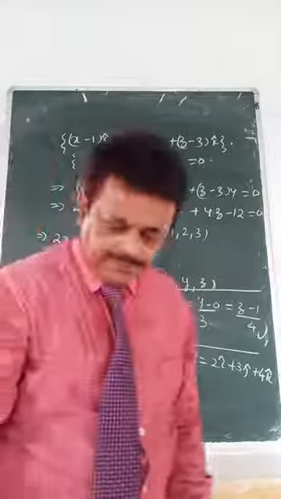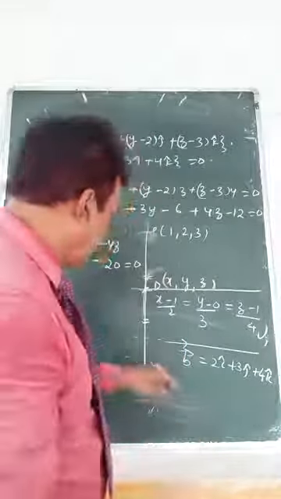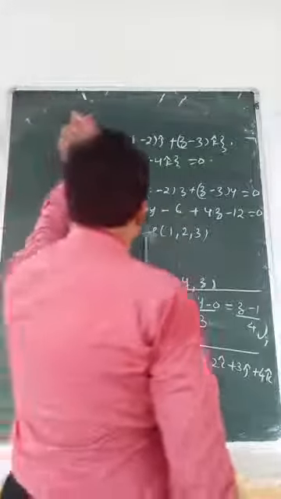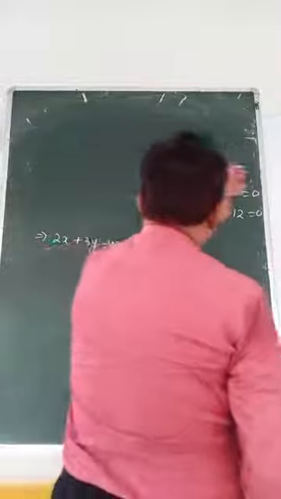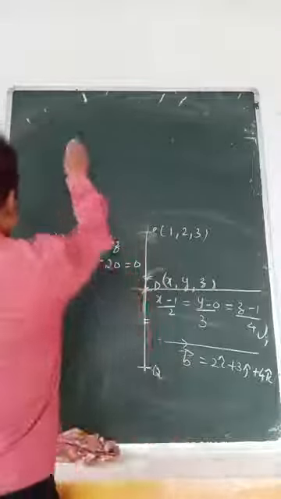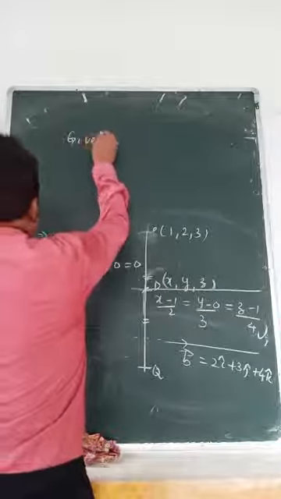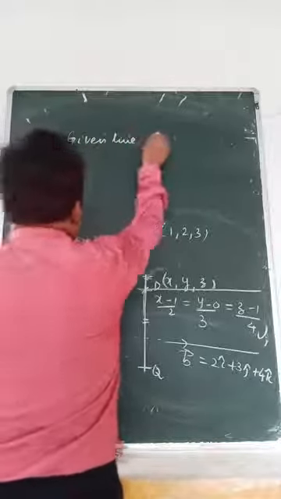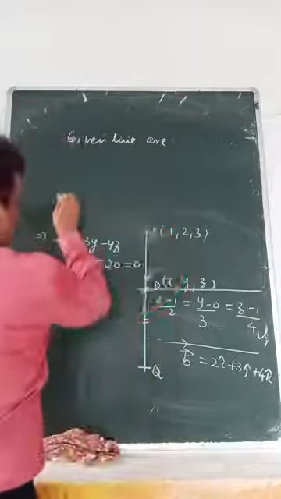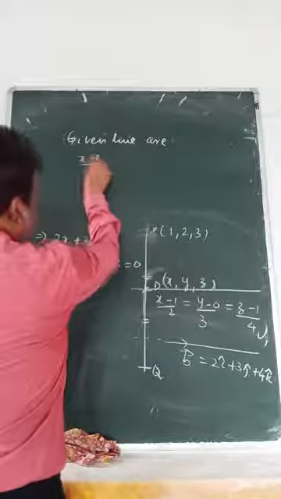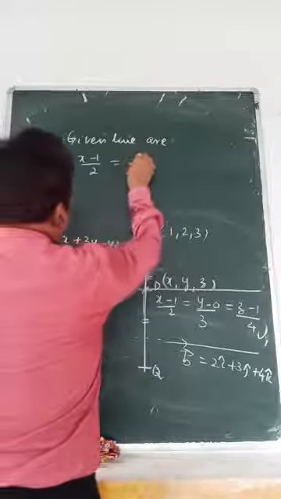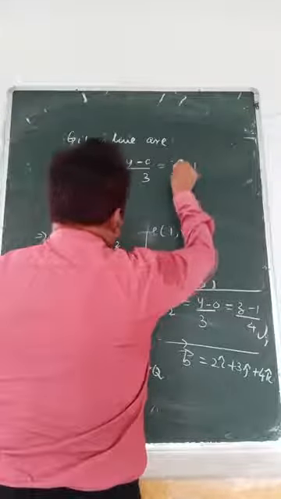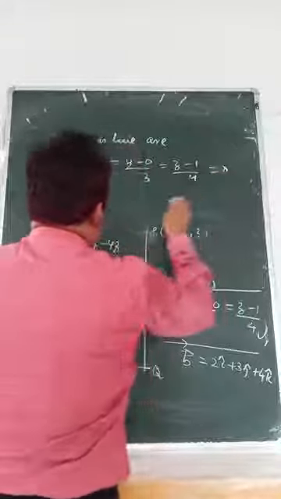How to find x, y, z? Now you have to take this line. The given line, you can write down, is (x minus 1) by 2, (y minus 0) by 3, (z minus 1) by 4 equals lambda.